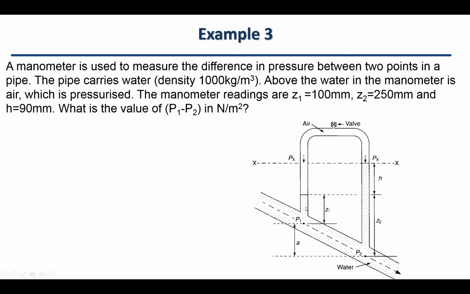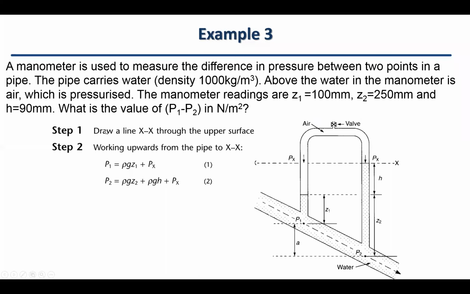Manometer readings: Z1 is 100 millimeters, Z2 in this figure is 250 millimeters, and H is 90 millimeters. What is the value of P1 minus P2 in newtons per square meter, or the difference in pressure? Just bear in mind, all the figures are in millimeters. Once you do the calculation, you need to convert all of them to meters. So we're just going to go together.